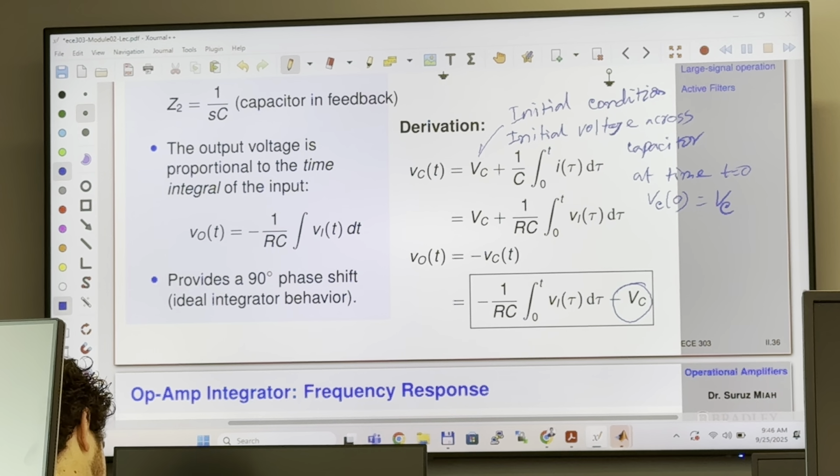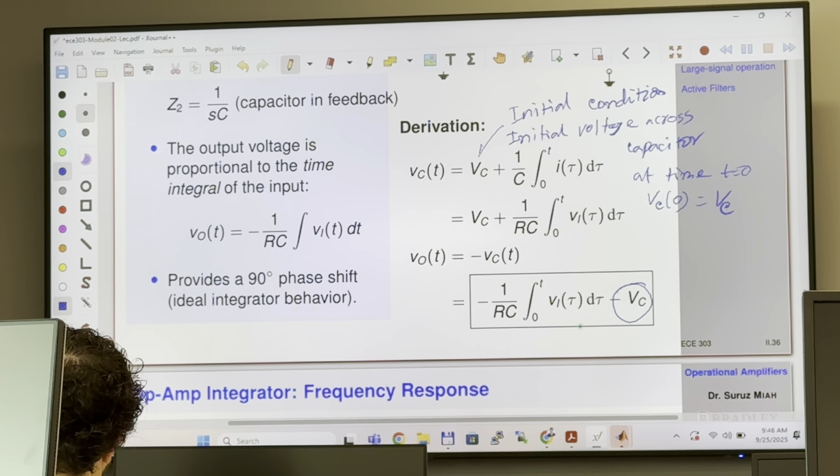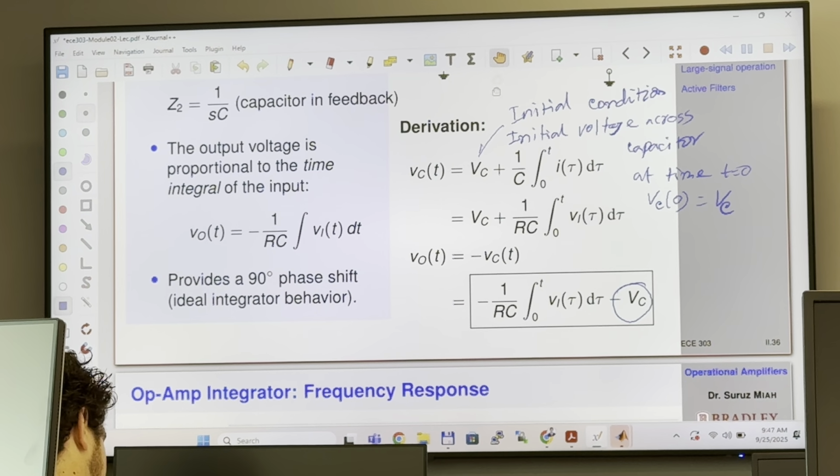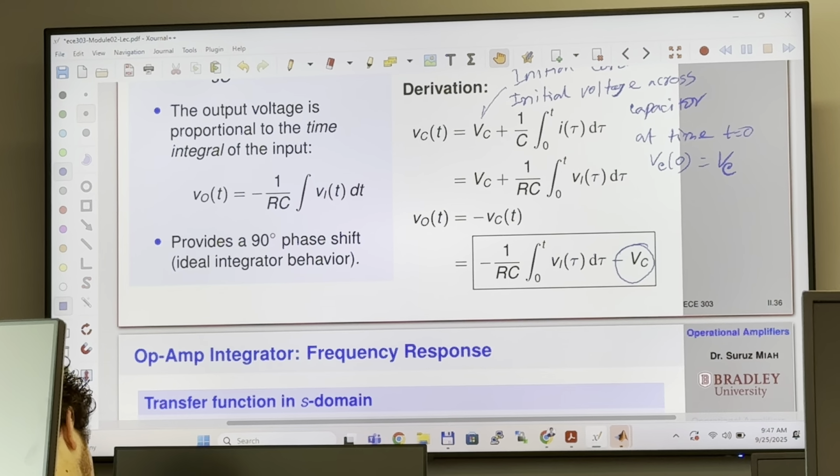That's why, for an ideal integrator, you just integrate, and you do not know when your input signal started. You just evaluate this integration without limits, and you will see the output is what you are supposed to expect.